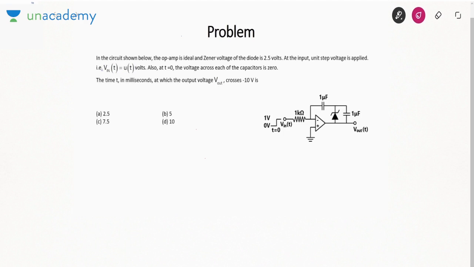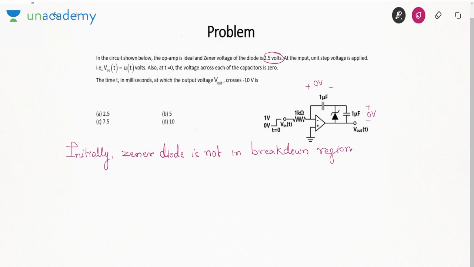See one thing. Initially this capacitor has 0 volt. This also has 0 volt. What is the Zener voltage? 2.5. That means initially the Zener diode is not in the breakdown region, because for breakdown the voltage across the Zener diode must be 2.5.